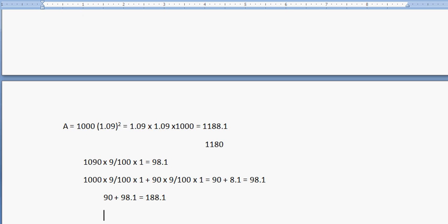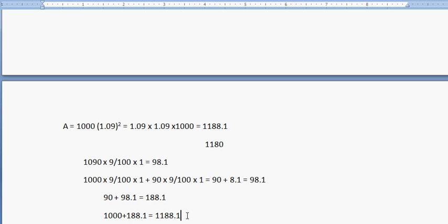So after 2 years the total amount would be 1000 plus 188.1, which is equal to 1188.1. So this is the amount which I receive after 2 years if the interest is a compound interest. If it is simple interest, it would be 1180.